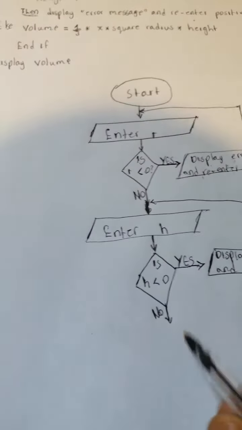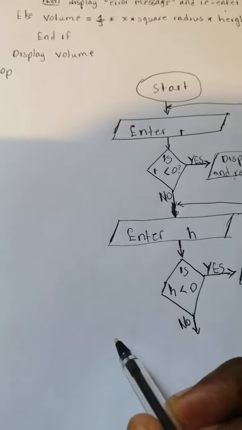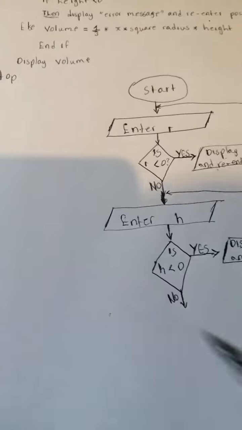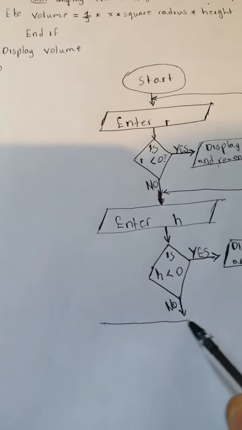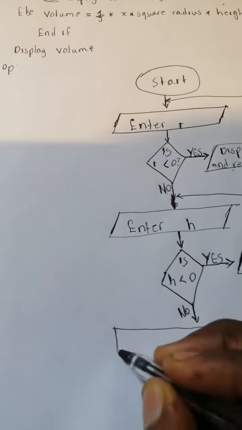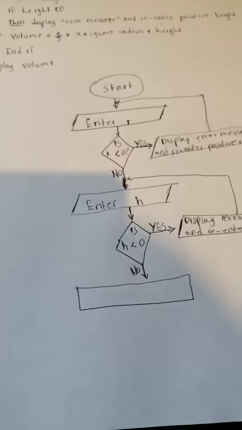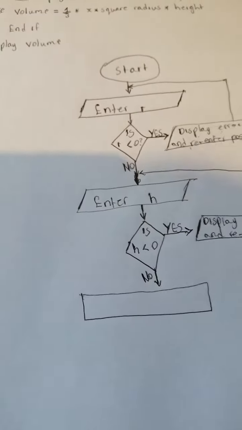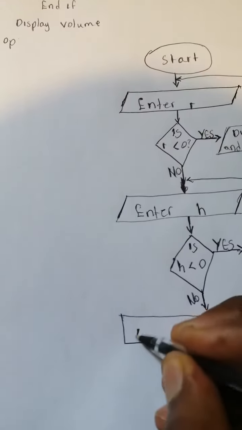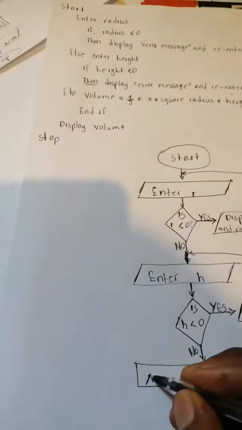So here we have a formula. So for a formula, it has to be processed. So we are going to draw a rectangle like that to indicate that we have something that has to be processed. So in this case, which is a formula. So here we have a formula for volume.